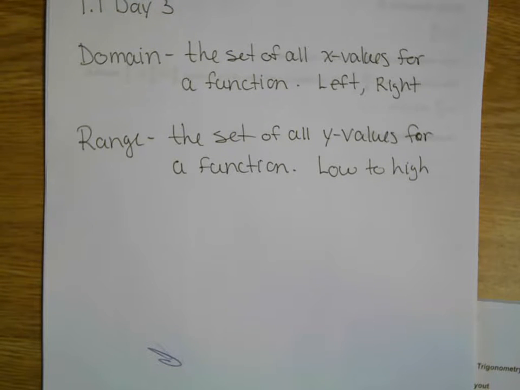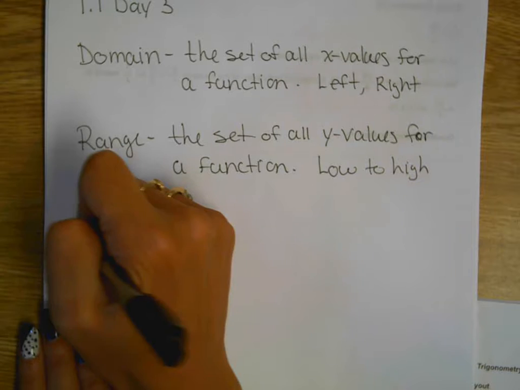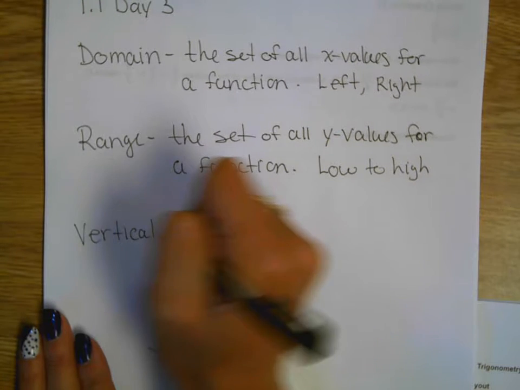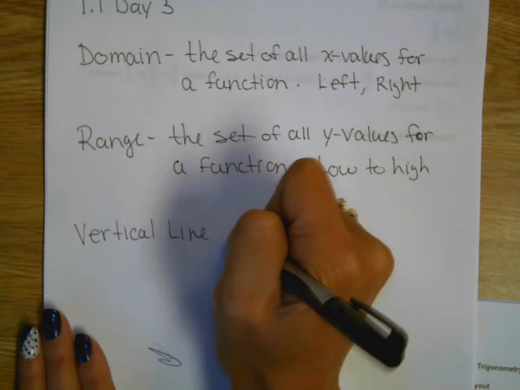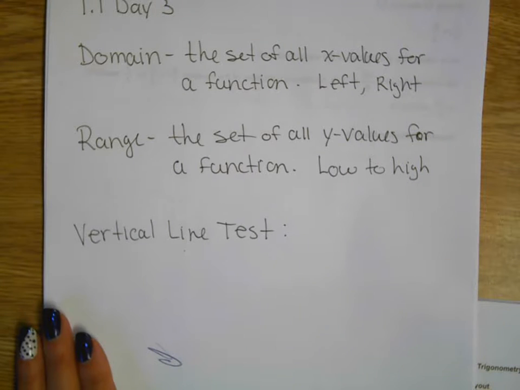And we also want to be able to determine if an equation is a function. Do you remember the test you used to test to see if it was a function? Vertical line test. And how did that work again?